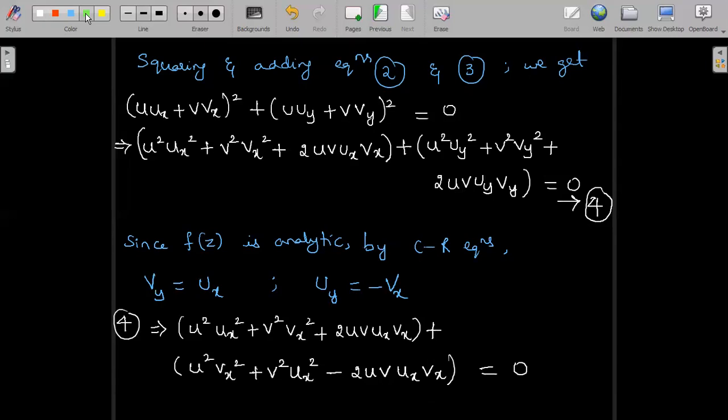Now we observe that 2uv product term gets cancelled. One is with a plus sign, the other one with the minus sign. So it gets cancelled now. And in the next step, we take u square common in these two and we take v square common in these two. So steps are almost similar to what we saw in the previous problem. Correct? So in the same manner, we are going to proceed.